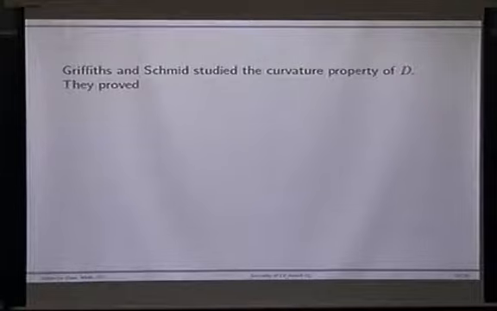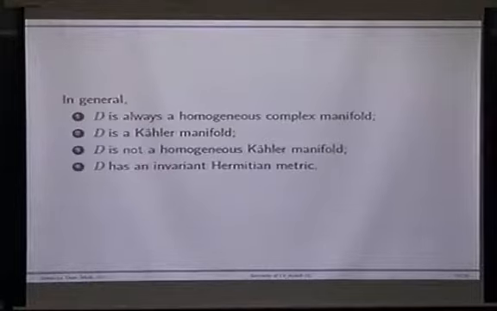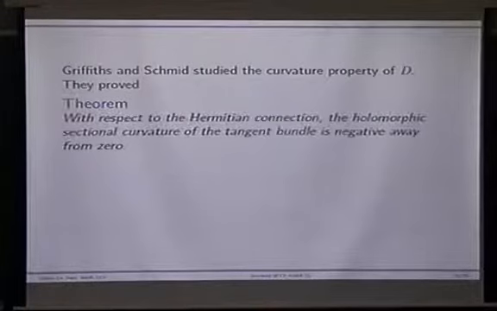Griffiths and Schmid studied the classifying space, or more generally what are called Kähler C-spaces. Those are a class of manifolds which are not homogeneous Kähler, but they are complex manifolds.